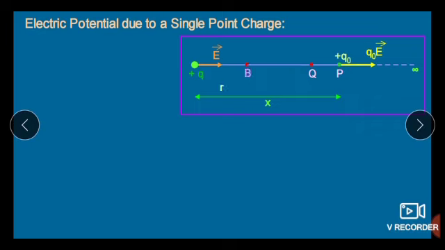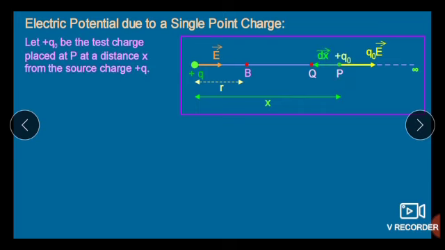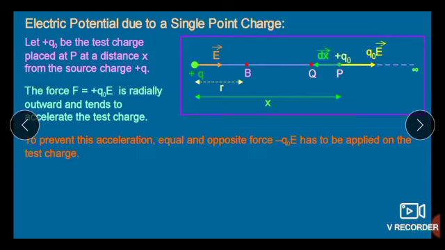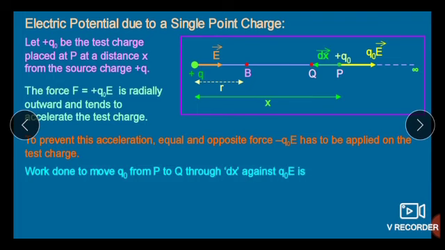Now we are moving against the field. We move from P to Q, by a small displacement dx. The work done against this force F is equal to Q naught E. Integrating to calculate the total work done, dW is equal to F bar dot dx bar.